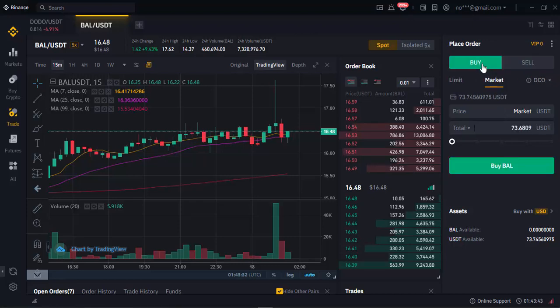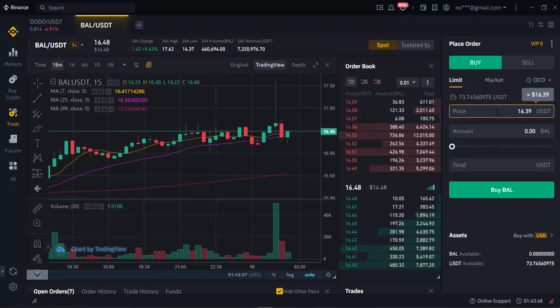So coming back to buy and then limit, you can put in a price and wait for the market to retrace back so that you can buy at a lower price. The limit price is mainly used to control the price you want to buy or sell at by yourself. This will give you the opportunity to buy lower and sell higher without buying at the current market price.